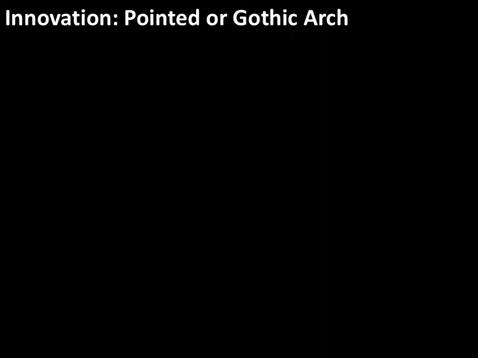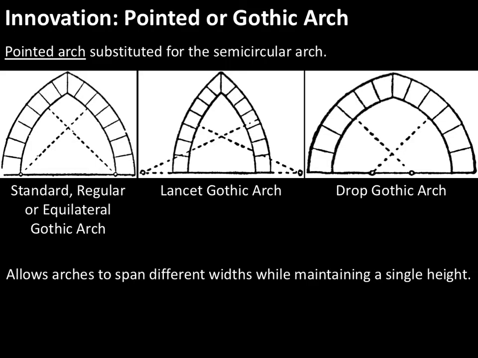So let's take a look at this innovation, the pointed or Gothic arch. With the innovation of the pointed arch, which is still swung with a compass, by the way, we now can have different widths between the supports that are holding up the arch, but we can now maintain a single height. As you can see with these diagrams that I've put here, the dotted lines are like where you would put your compass point to swing those arches.